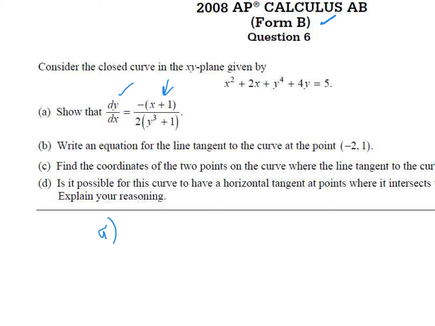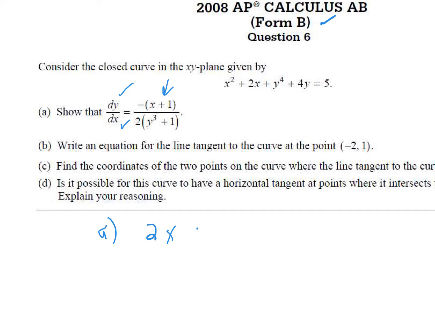So from left to right, x squared has a derivative of 2x. dx is 1 because we're differentiating with respect to x, so I don't have to do anything with that x. Just do the derivative like normal, 2x.